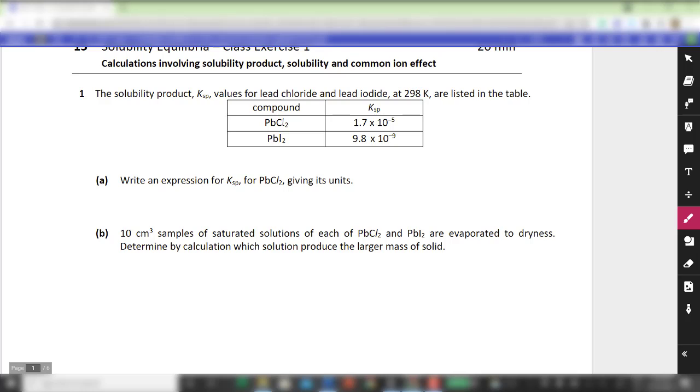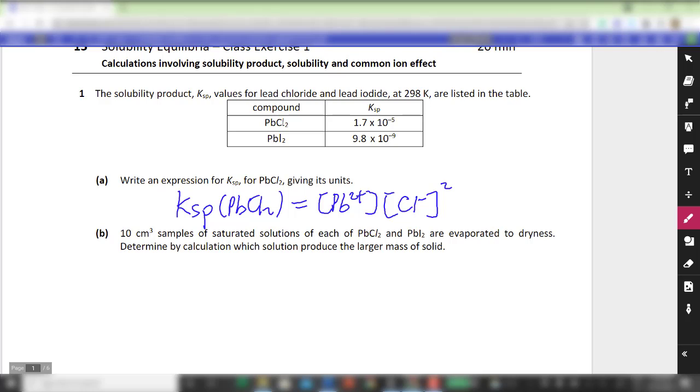Okay, so you know that one equivalent of PbCl2 will give you one equivalent of Pb2+ and two equivalents of chlorides. So based on the stoichiometric ratio, Ksp for PbCl2 will therefore be equal to the concentration of lead-2+ raised to the power 1 multiplied by the concentration of chloride squared.